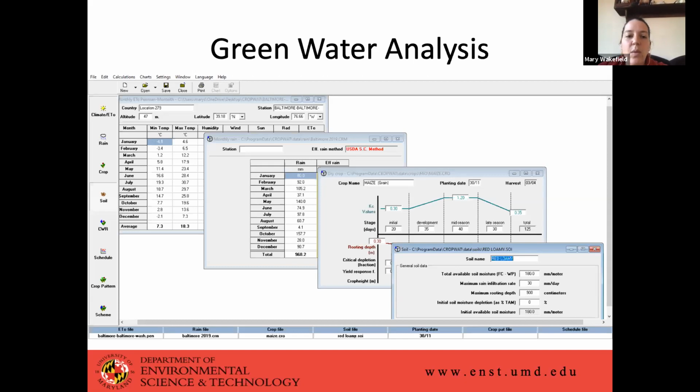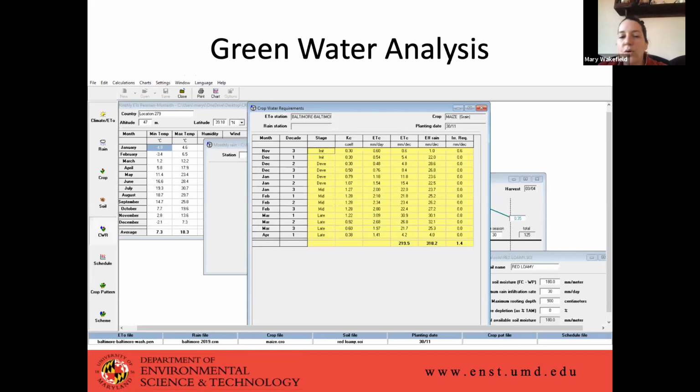And once you plug all that in, you get your crop water requirements, and it will tell you the stages, again, in the decades, with your initial, your development, your mid, and your late stage. And then it will tell you your evapotranspiration, your effective rainfall, and thus your irrigation requirements. And from here, you should be able to do a much better job managing your crop irrigation.